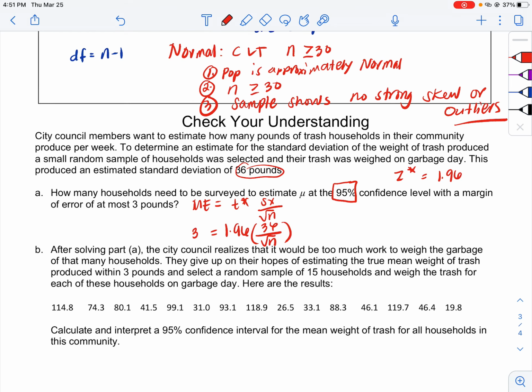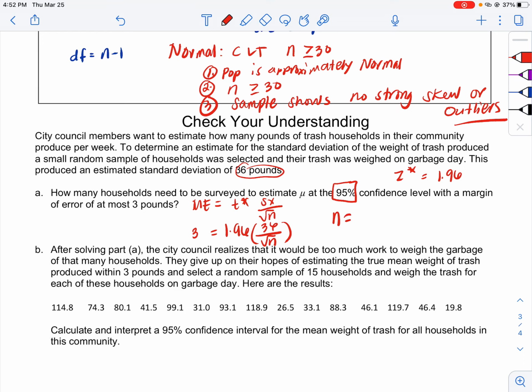Okay, of course, my first step is dividing both sides by 1.96. So you're going to have 3 over 1.96 equals 36 over the square root of n. And then you're going to multiply both sides by square root of n. And then you are going to square both sides of the equation. Right? I'm hoping that you guys already know how to do that.